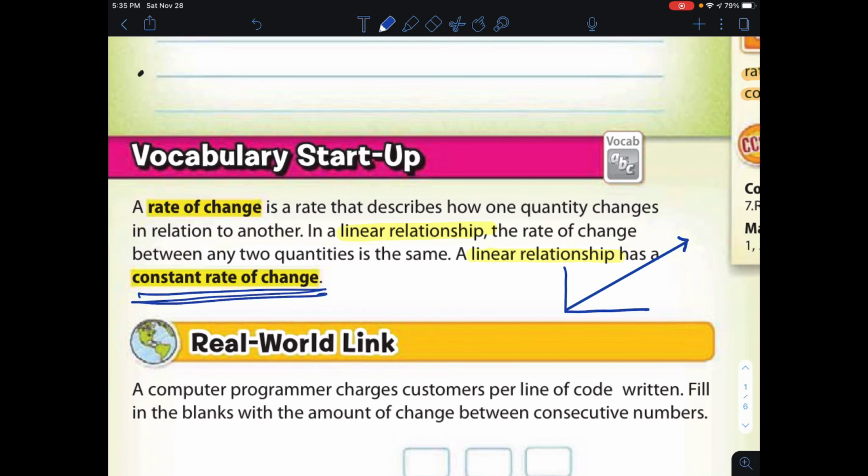So that's what it's saying here, that in a linear relationship the rate of change between two quantities is the same. Meaning it is a constant rate of change.